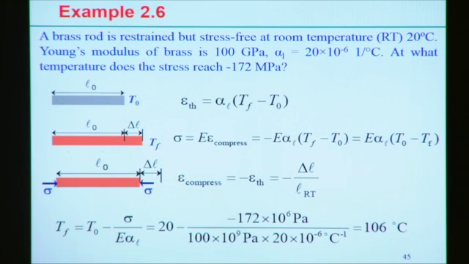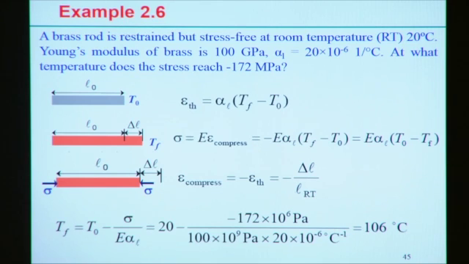Here, in the absence of any mechanical load, strain will be produced only due to the thermal load. That thermal strain can be defined as the thermal expansion coefficient multiplied by the difference in temperature. The first figure indicates the original length at room temperature T0, 20 degrees centigrade.